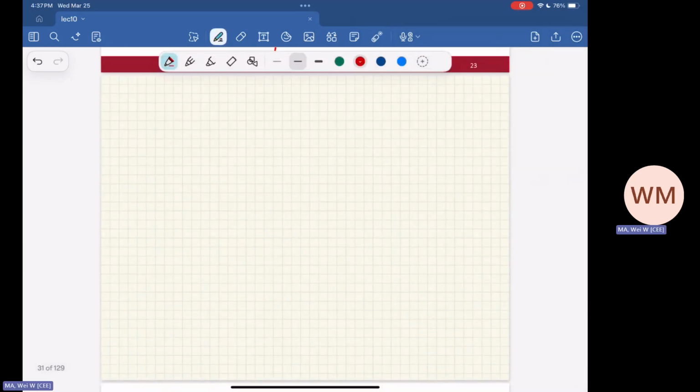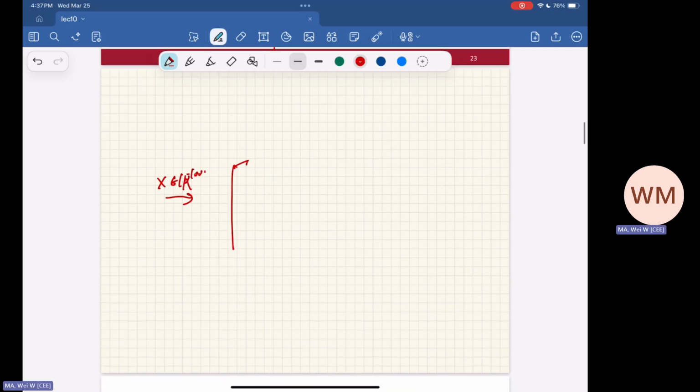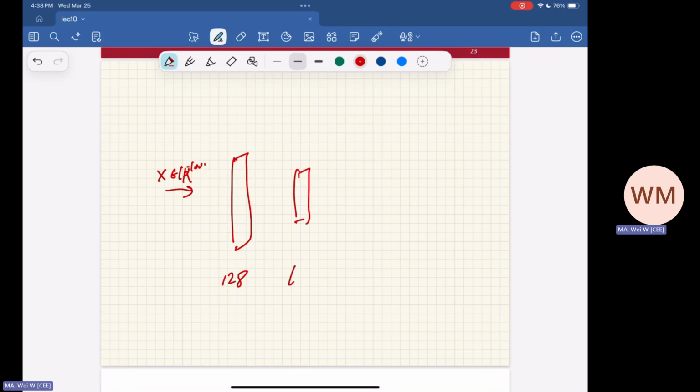Maybe I can give you one more example. Let's say we have a 1000 dimension input as X. X is 1000 dimensional. Let's say we first go to a layer that has 128 units, then the second layer is 64 units, then 32 units, and then 10 units.